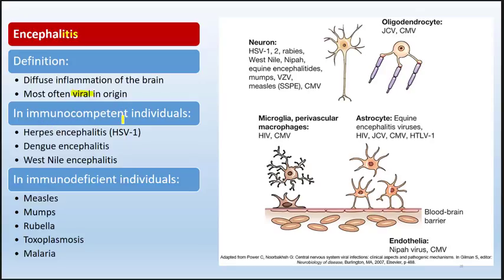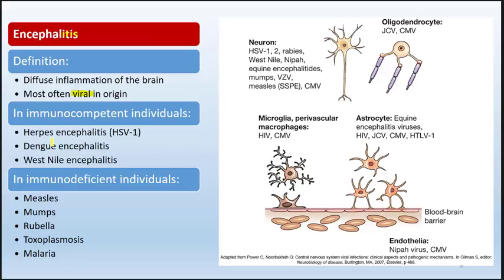Now, in those who are immunocompetent, meaning that their immune system is intact, the most common causes are herpes encephalitis, and this causes inflammation of the brain. And in these individuals, they will oftentimes have psychotic episodes that just come out of nowhere, but it usually responds to antiviral drug therapy.